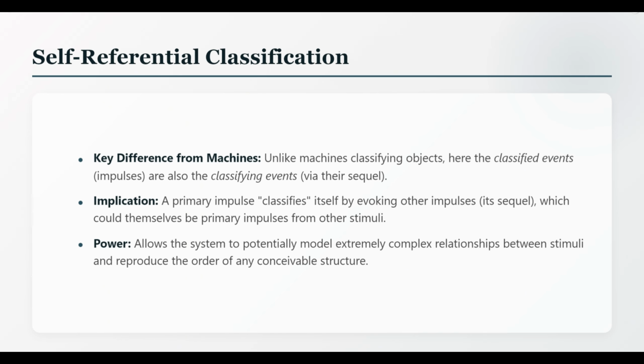It's a self-referential loop. This allows the system to build incredibly complex models of relationships between stimuli. It's not just sorting apples and oranges, it's sorting relationships between apples, oranges, and maybe even abstract concepts represented by those impulses. The potential for representing complex structures is immense.